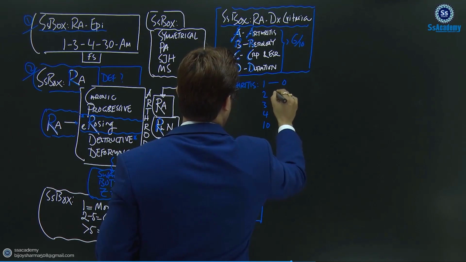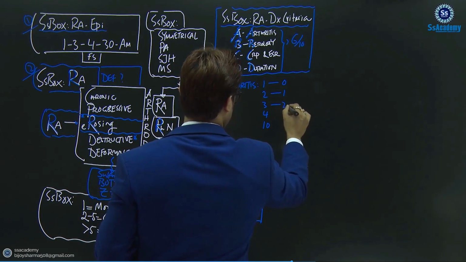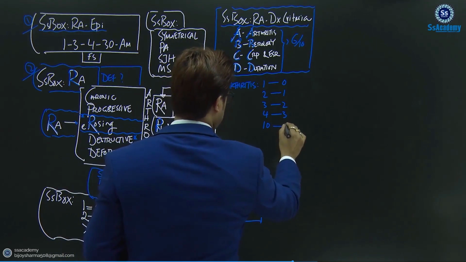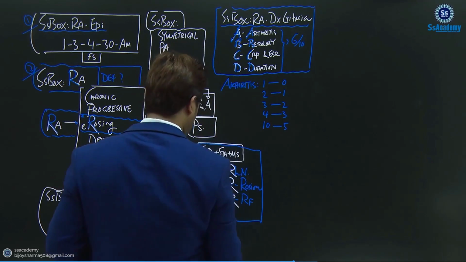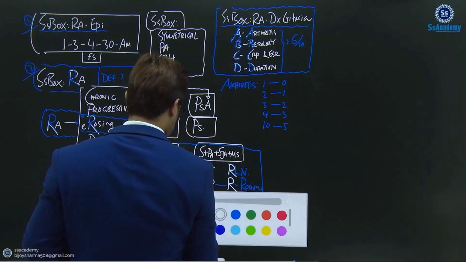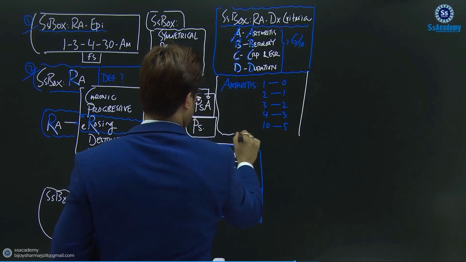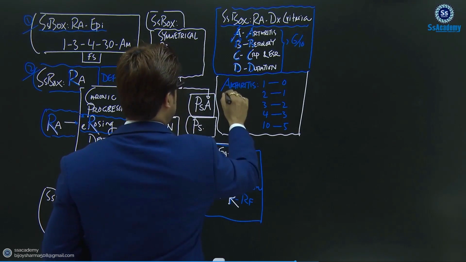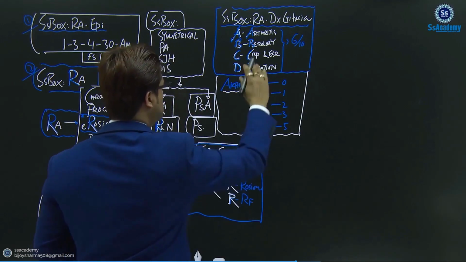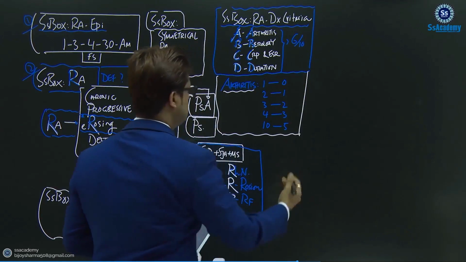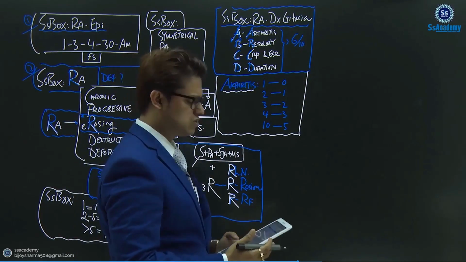So write down the 0, 1, 2, 3. This is very much important. And 10 is a 5, my dear. So if you write down the way that I'm writing, that will be really helpful. Yes, my dear. So this is the arthritis box: 1, 2, 3, 4, 10 and 0, 1, 2, 3, 5. If you write this down, immediately after that you can make your score, my dear.